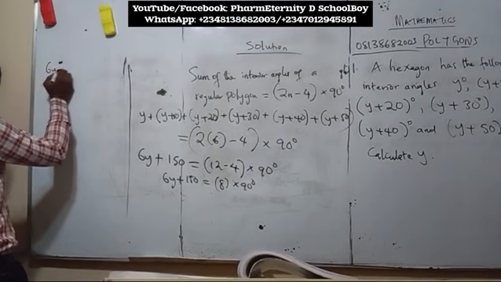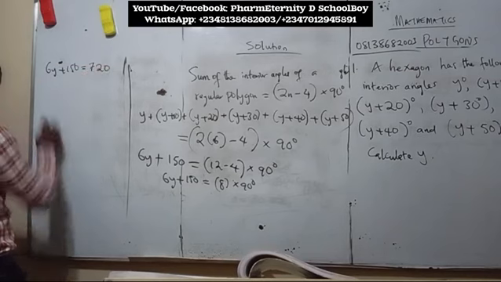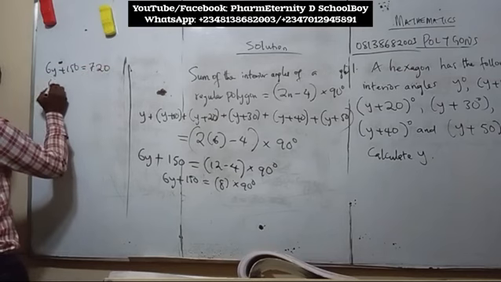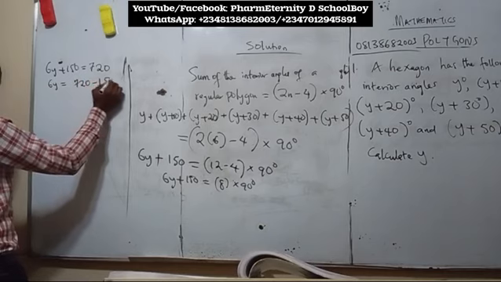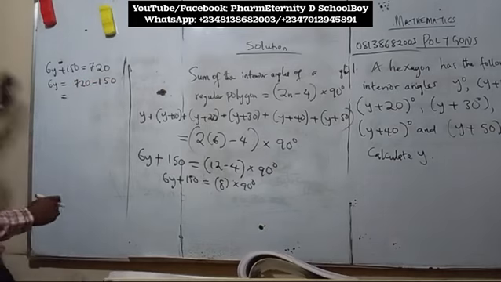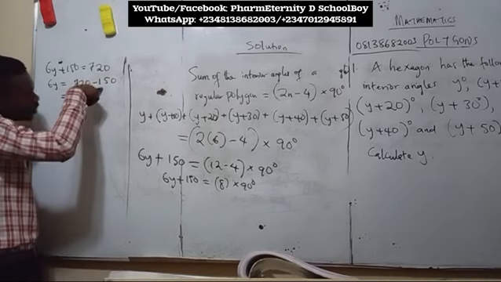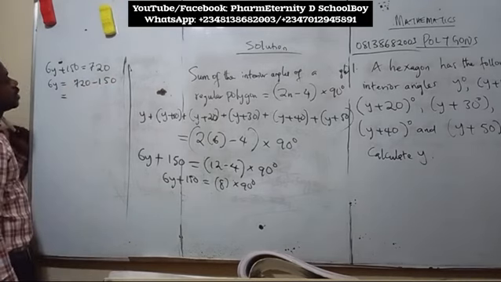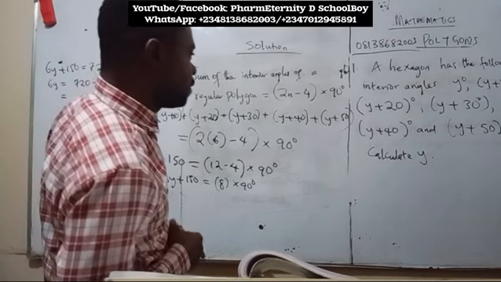So we have 6y plus 150 is equal to 720. Our target is to find y. So 6y is equal to 720 minus 150. Wait, is there any error here?